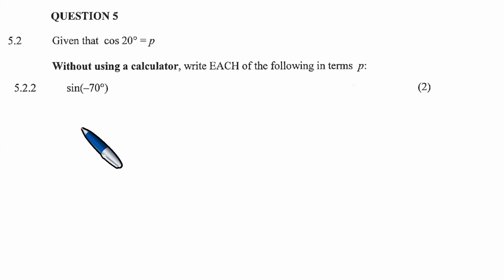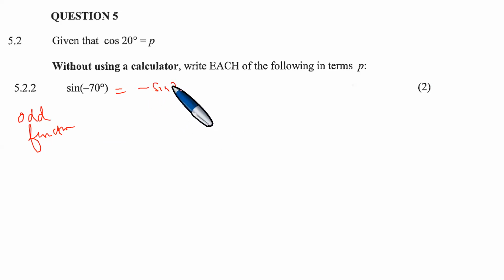First and foremost, you realize that the sine is an odd function, so it is minus sine 70. What is sine 70?